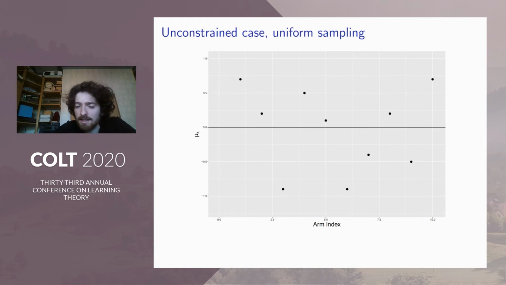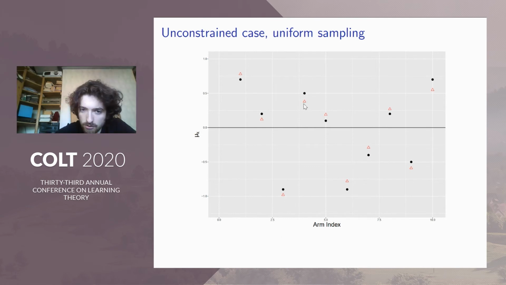Now, in the unconstrained case, it turns out that an optimal strategy is to do uniform sampling. So you take your budget T and you divide it uniformly across the arms. So each arm is sampled T over K times. And from these T over K samples, you can generate a sample mean. And the idea is that you say this sample mean is close to the true mean. So here we have the true means as the black dots and the sample means as the red triangles.